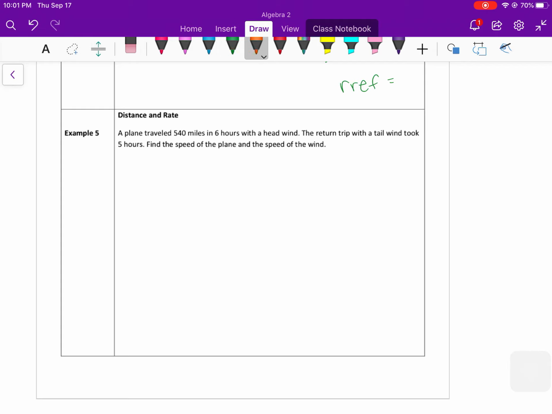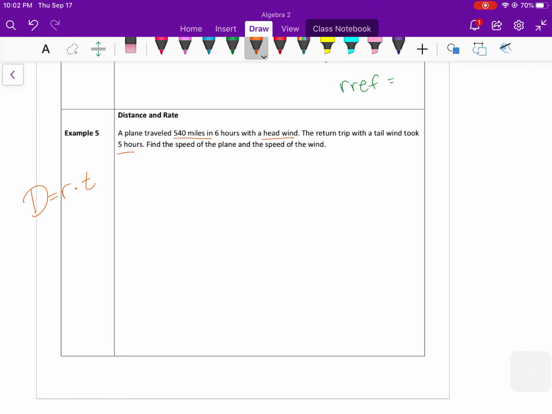The last one I'm going to do is a distance and rate problem. A plane traveled 540 miles in 6 hours with the headwind. The return trip with the tailwind took 5 hours. Find the speed of the plane and the speed of the wind. Okay, so first, a little bit of a reminder is that distance equals rate times time.